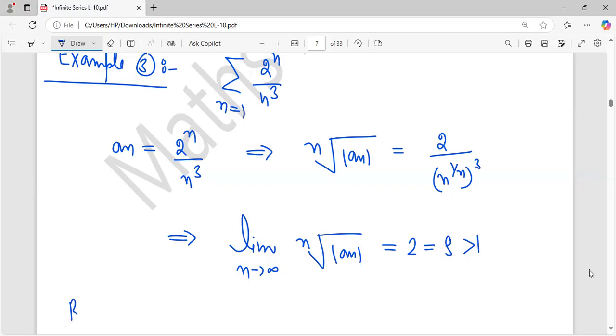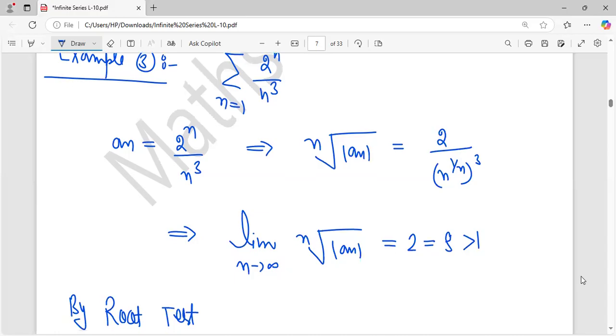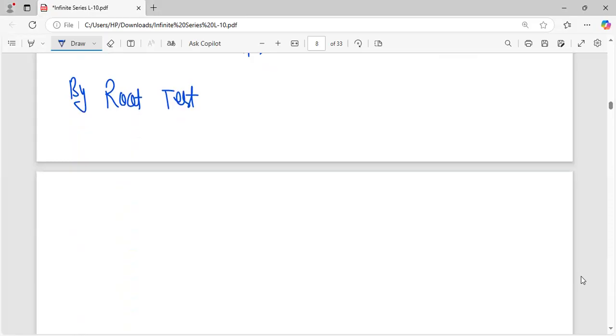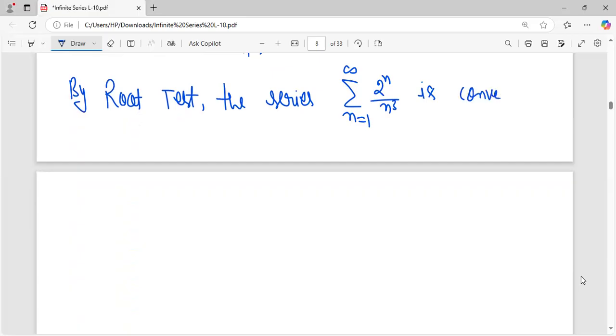So by the root test, the series summation n goes from 1 to infinity of 2 to the power n over n cube is divergent, because rho is greater than 1.